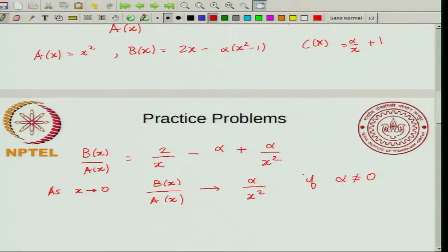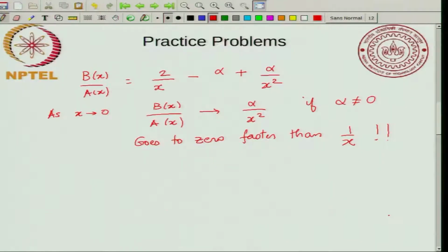This goes as 1 by x, this goes as a constant, whereas this is going to infinity. So alpha by x square is the largest term as x goes to 0. So if alpha is not equal to 0, then b by x by a by x goes as alpha by x square, which goes to infinity faster than 1 by x, and so you cannot use the Frobenius method. That immediately says that you cannot use the Frobenius method.